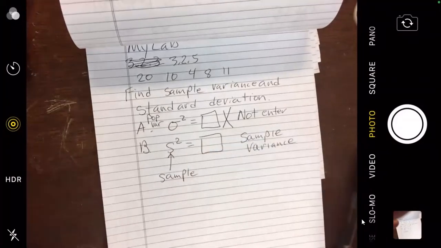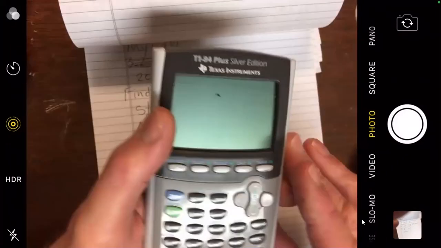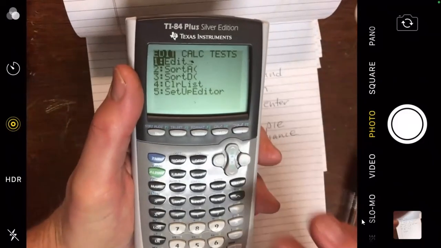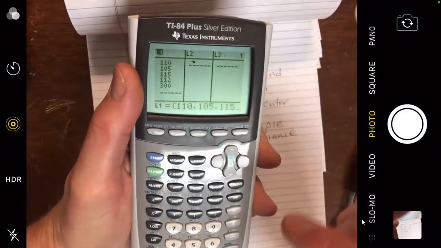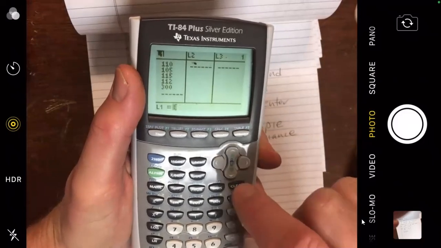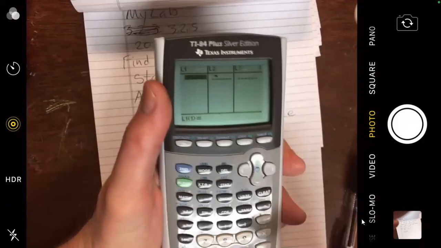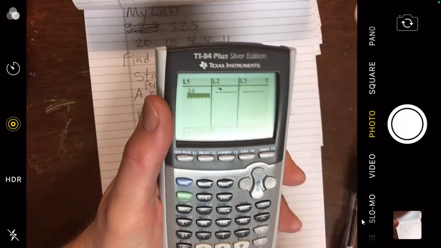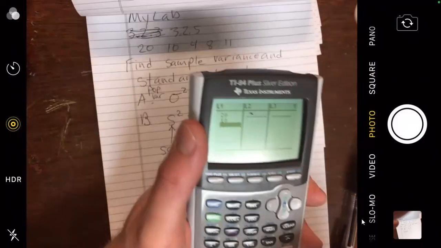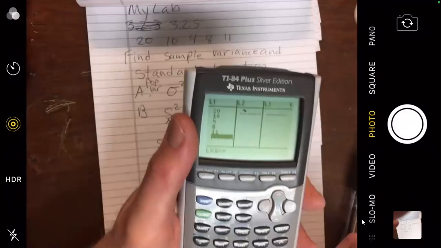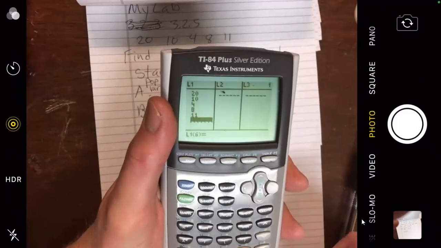Okay, now, if you watch the first video, I showed you how to go to stat mode, stat, edit. You go up, highlight the top, clear and down, flushes the column. 20, 10, 4, 8, and 11. You can enter the numbers.